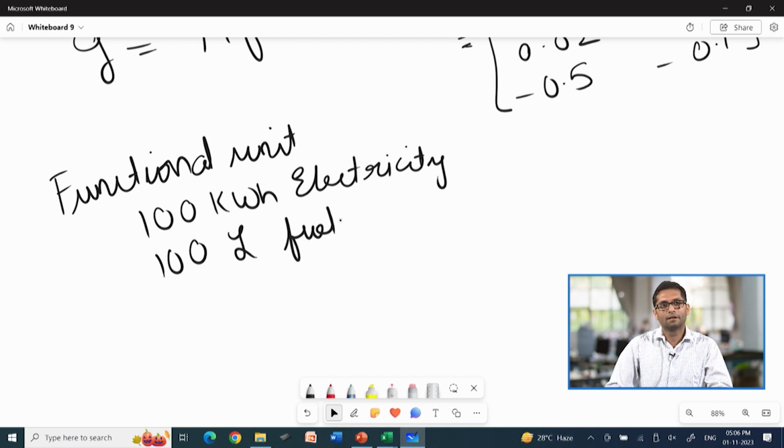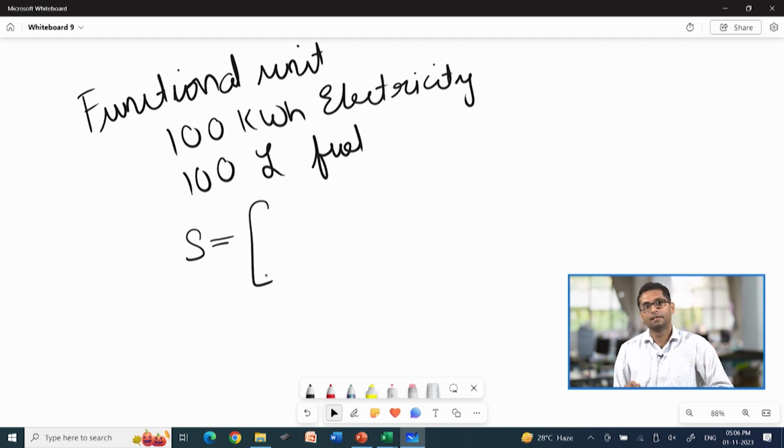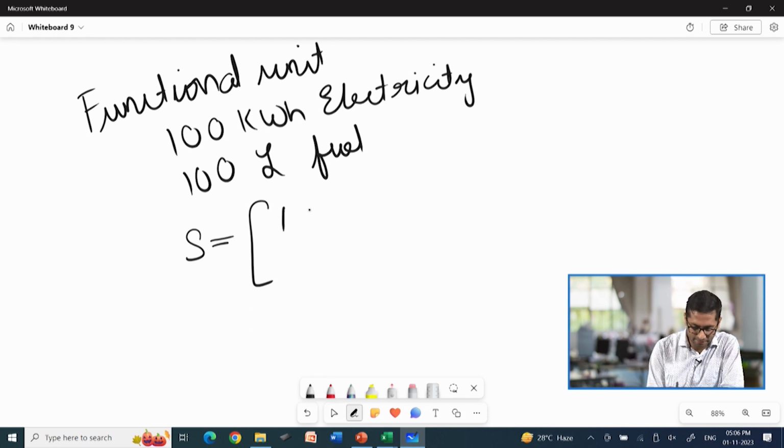calculation. So the F matrix would be updated, and I do the multiplication, and that gives the final S matrix. You can try this out on your own: just update the F matrix, multiply A inverse into F, and the final S matrix that you should be getting should be 10 and 1.2.